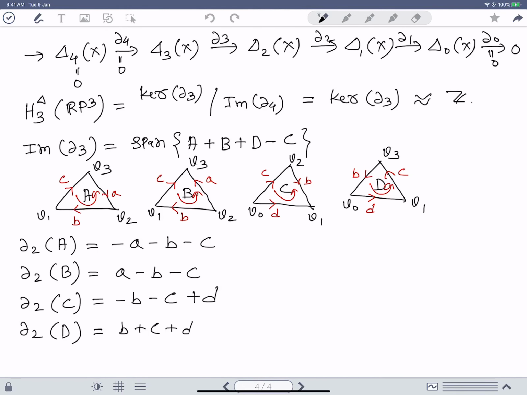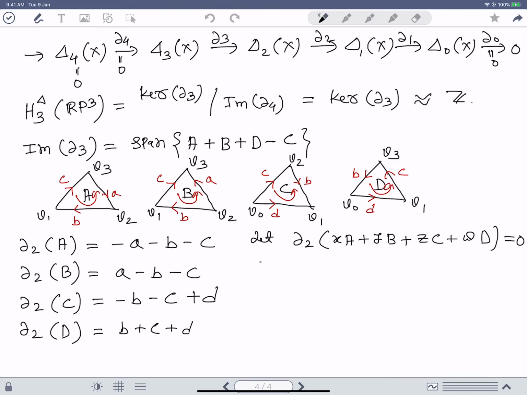Now we need to find the kernel of delta 2, and we know that it is the span of this A, B, C, D. So let delta 2 of x A plus y B plus z C plus w D equal to 0.